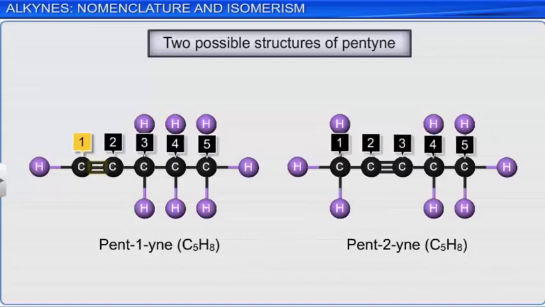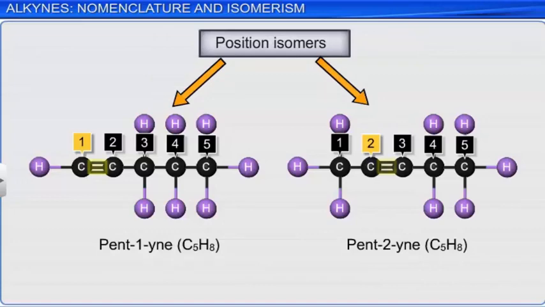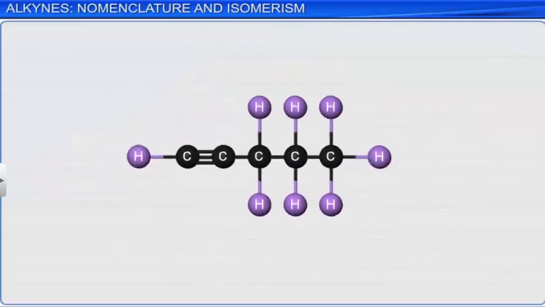They are named as pent-1-ine and pent-2-ine. When two compounds differ in their structures due to the position of their triple bond, they are known as position isomers.